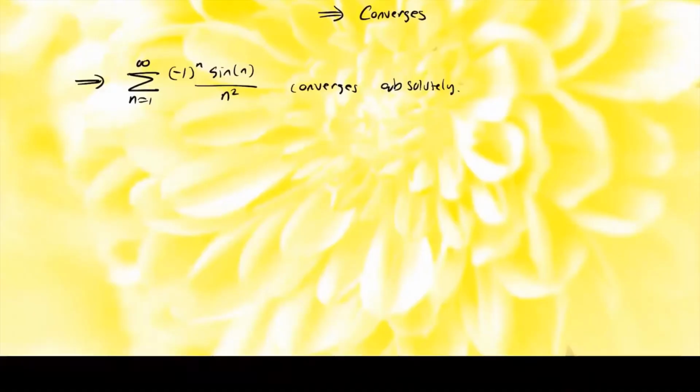Why not? So we're going to apply the alternating series test for this same series, the sum to infinity of (-1)^n sine of n over n squared. Now keep in mind, this is optional. You don't have to do this, but we're going to apply it just in case you wanted to see how it's done.